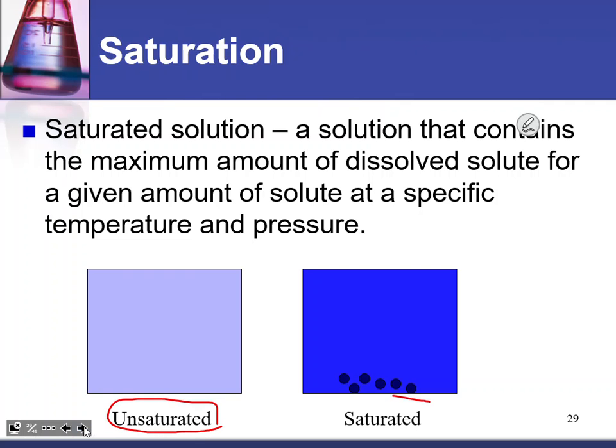Over here, as you can see, the saturated one is very dark and you see little particles falling to the bottom because it can't absorb any more particles. It is now saturated. Can't take any more in. Falls to the bottom. Yes? As you see, the lighter color indicates, yeah, you can still add more. It's unsaturated. Darker color, particles at the bottom, can't add more.